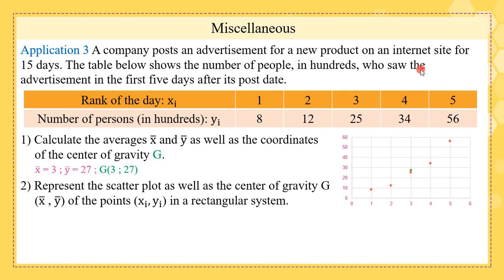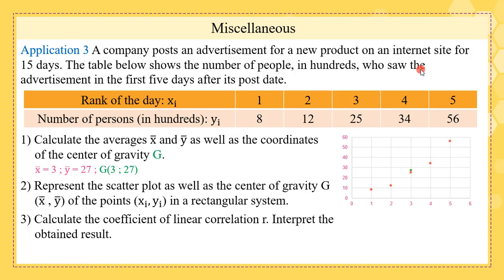Check your graph. Calculate the coefficient of linear correlation R. Interpret the obtained result. R equals 0.970, then the relation between x and y is strong and positive.